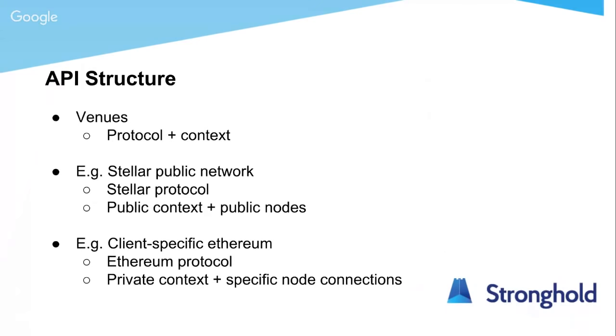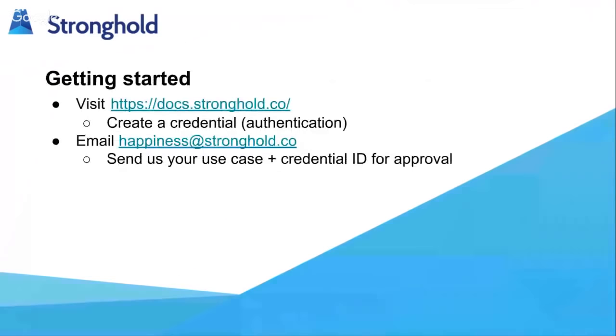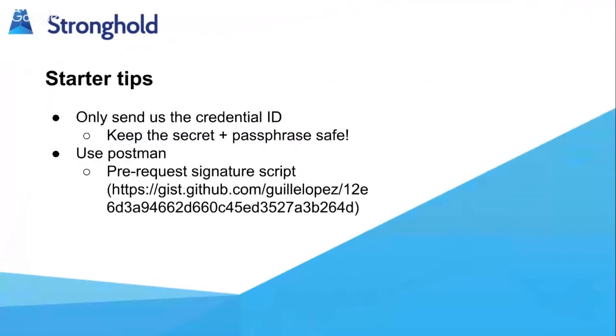For all of our APIs that perform any sort of interaction with the blockchain, you have to tell it which protocol and context it is connecting to. To do that, you pick the appropriate venue ID. This question actually comes from the fantastic developer who created the pre-request signature script there. So I'll reach out to you separately after this to make sure we have that working for you.